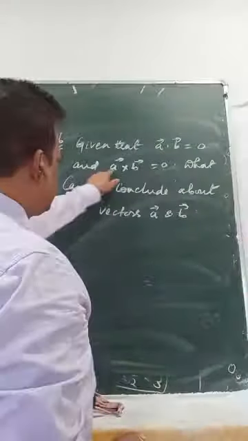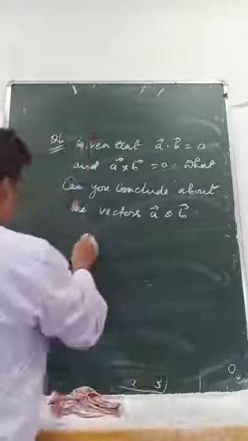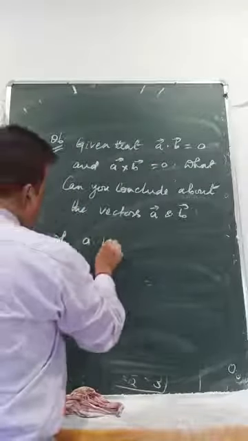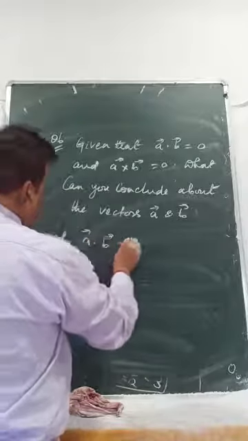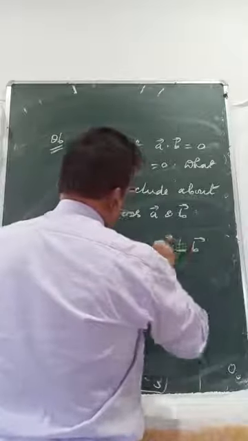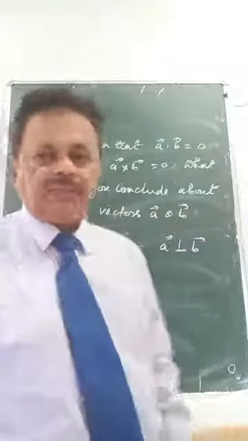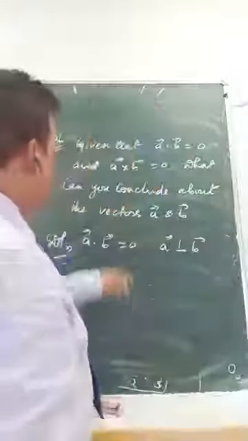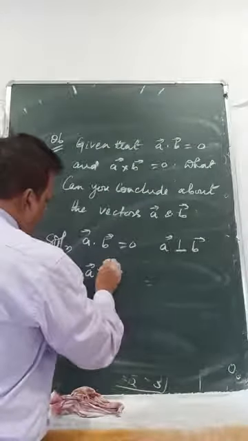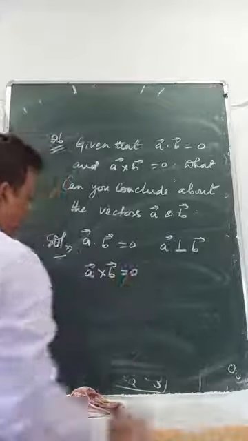Look, A dot B is 0. A dot B equal to 0 means A is perpendicular to B, because perpendicular of two vectors means the dot product is 0. Then A cross B equals 0.